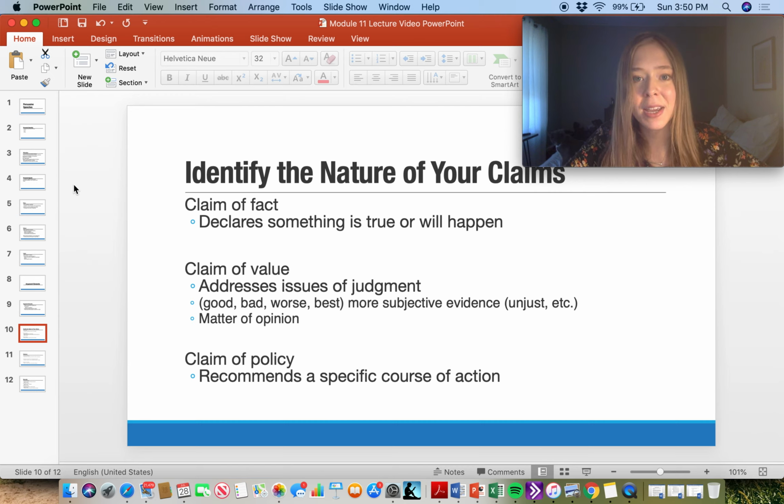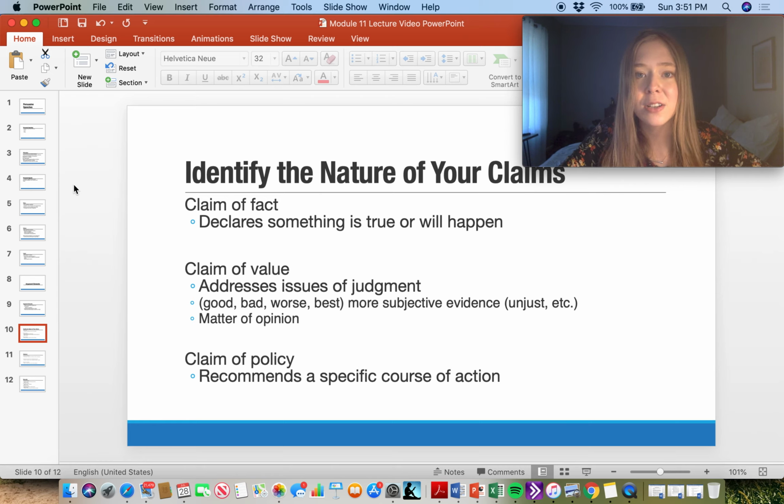So if I was making the argument and trying to persuade you that, yes, President Trump will win for sure in 2020, this is actually a claim of fact because I am stating that this will happen and this is true. Whether or not it is true, it is still a claim of fact because I am saying that something will happen and that it is true that it will happen. And I'm going to try to persuade you that I know it will happen, right? And so that would be an example of a claim of fact.